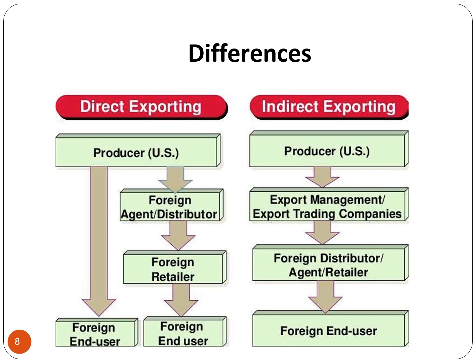See, the producer of the US uses an export management or export trading company, that company works with a foreign distributor agent and that foreign retailer will sell it to the foreign end user. So in direct exporting, the producer and the end user meet each other, but in indirect exporting, producer and end users do not meet each other.